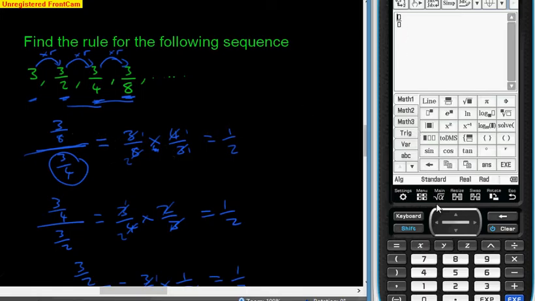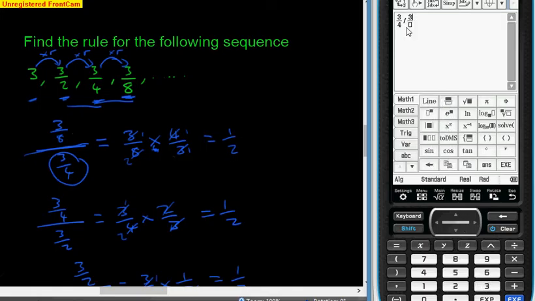So I'm going to put in 3 quarters. Now divided by. You want to make sure the whole thing is divided, not just one part of it. Divided by, then we've got to put 3 eighths. So again I need a fraction.